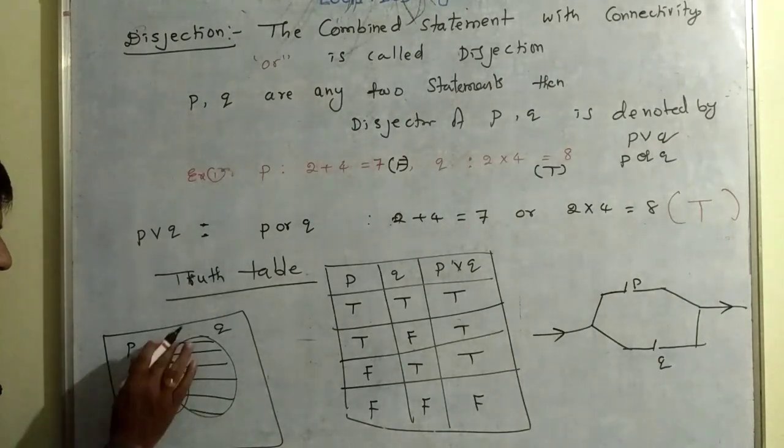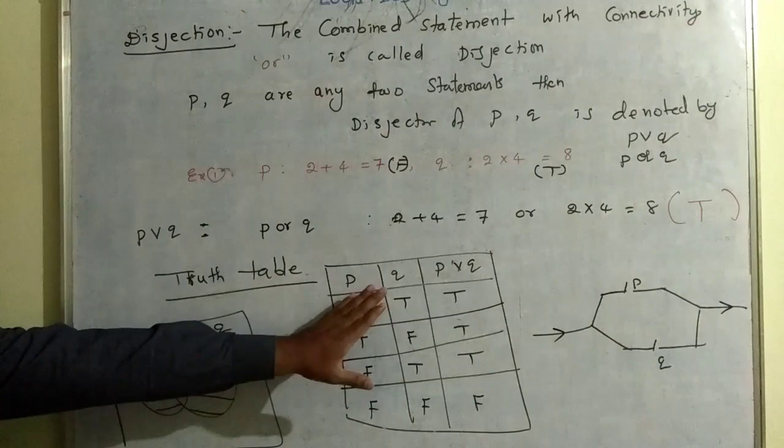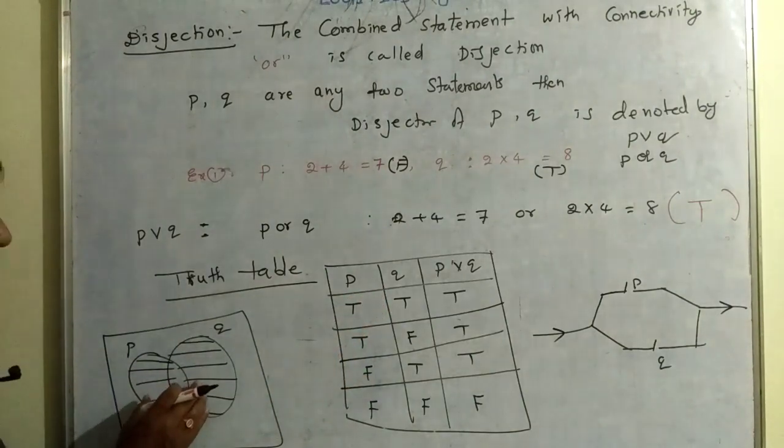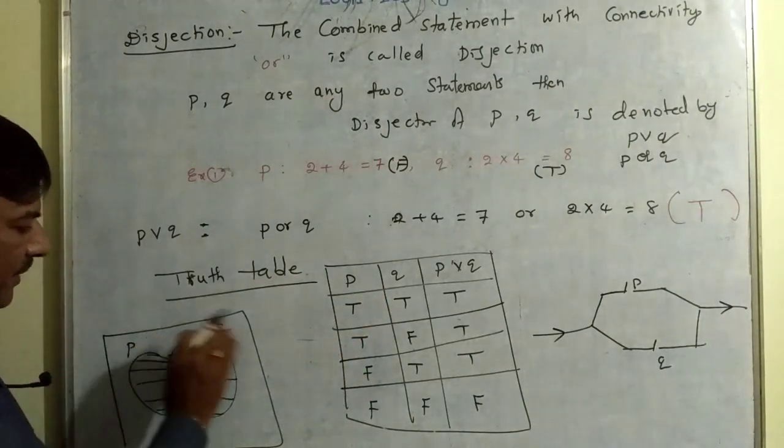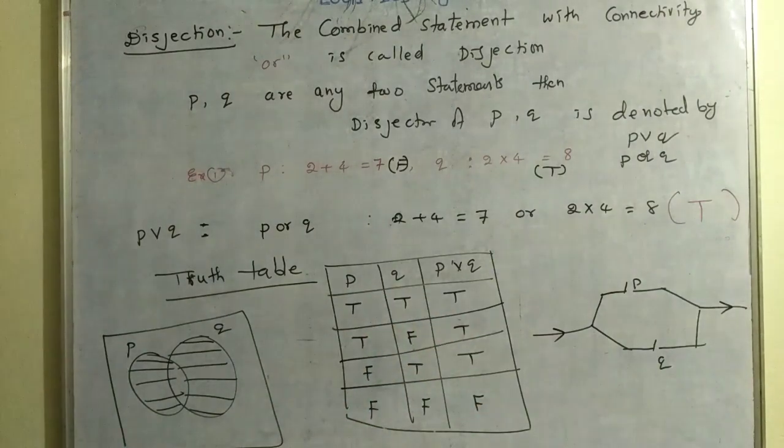We can consider this as a union. That is, only P is accepted, only Q is accepted, and both are also accepted. If both are false, then false.